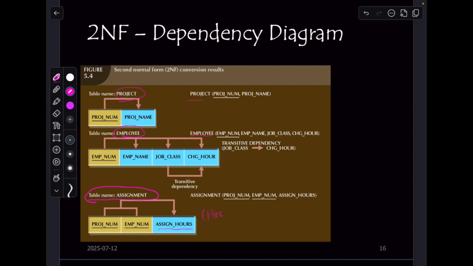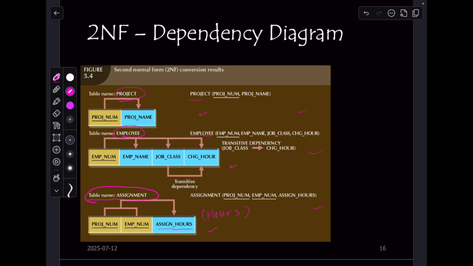Actually, hours are the same as assigned hours, and we still keep it because it's a full functional dependency. And note that when we look at functional dependency, we have to evaluate each table. So in these new tables, let's try to evaluate functional dependency one more time.